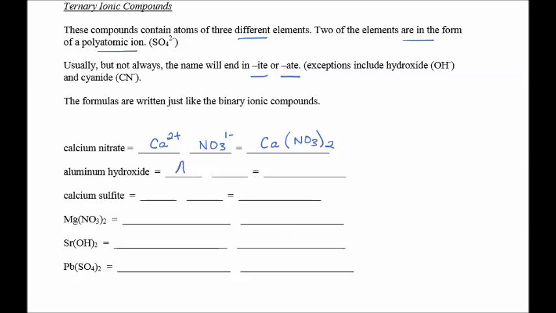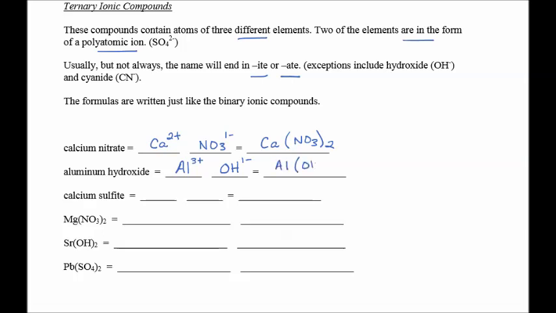Aluminum, make sure you see why it's +3 from the periodic table. Now hydroxide has an ide ending, but in the Table E, it's OH negative, or -1. This time, we have to triple all of hydroxide.